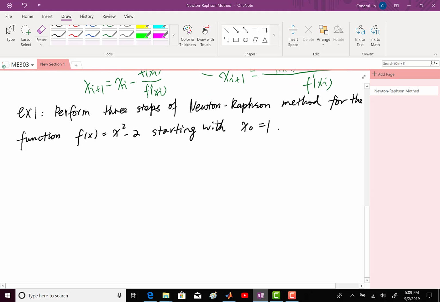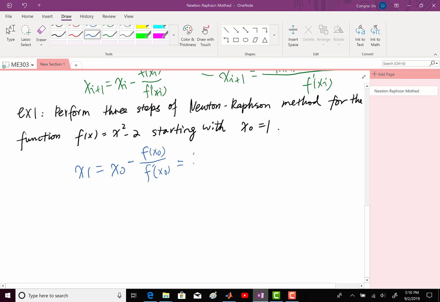All right, so let's see one example. Perform 3 steps of the Newton-Raphson method for the function f(x) equal to x squared minus 2, starting with the initial guess x0 equal to 1. Since x0 equal to 1, x1 should be equal to x0 minus f(x0) over f'(x0). Just use the formula.